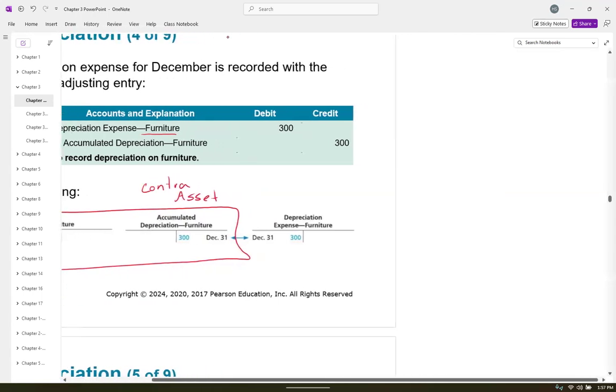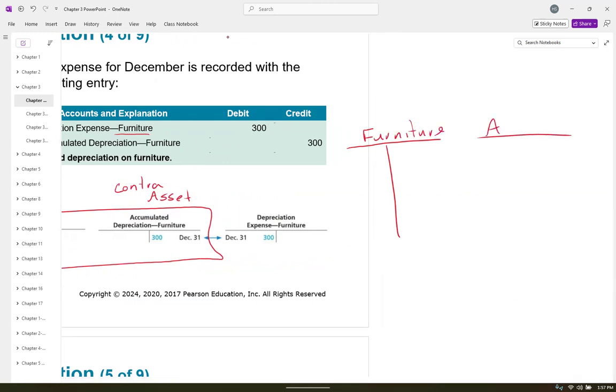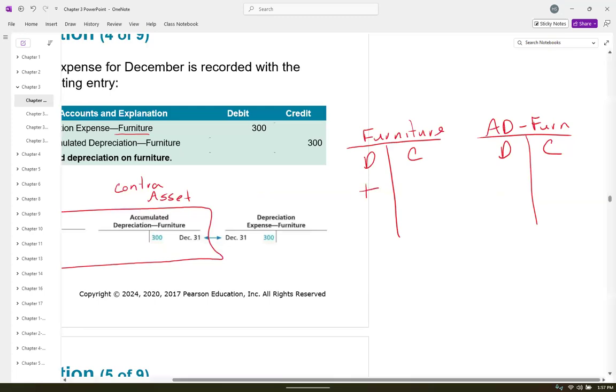I'm going to come over here and draw the T accounts for those out because I want you to see a few more things. I'm sorry, my handwriting gets bad when I'm trying to write fast. Remember, we have debits on the left, credits on the right still. These are assets. It's going to be in the asset section, but both of these accounts are going to be together. So the furniture has a normal debit balance. I told you accumulated depreciation is a contra asset.